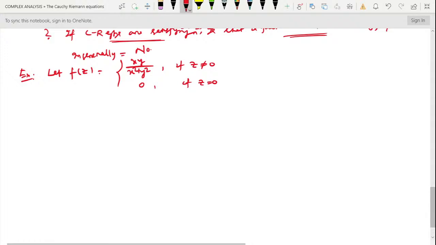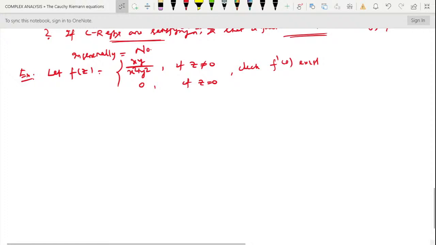So we have to check whether it is differentiable at 0 or not.